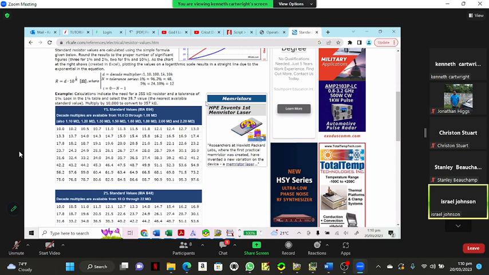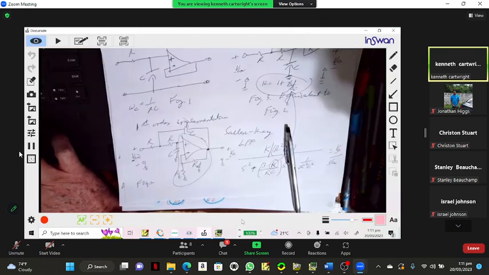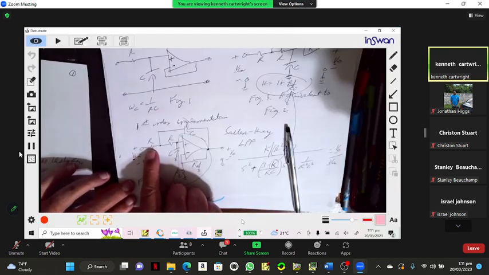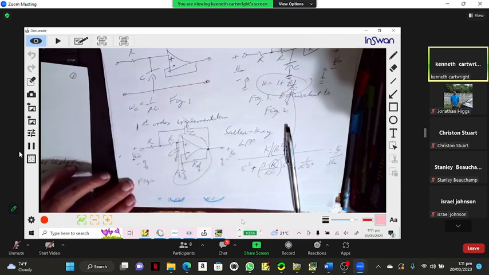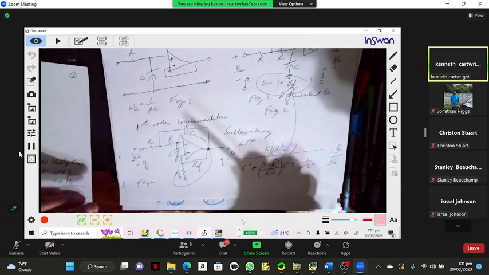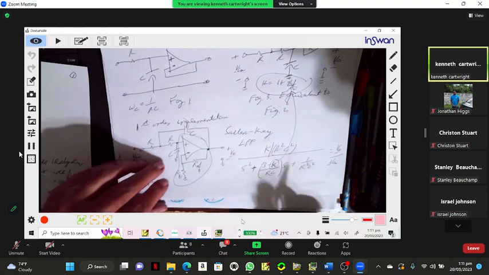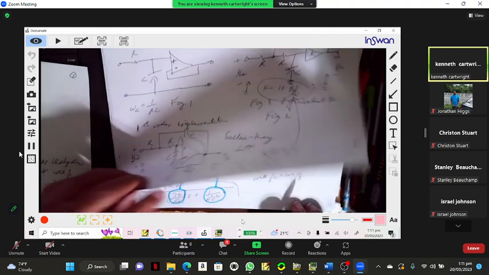Yes, we interchange the resistor and the capacitor. So this resistor, this capacitor, this resistor, and this capacitor, we just interchange.